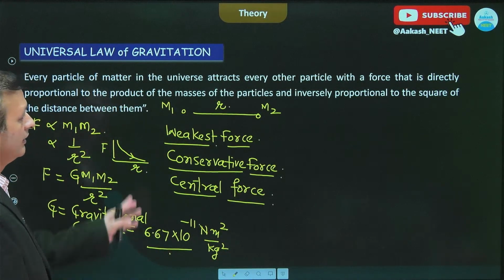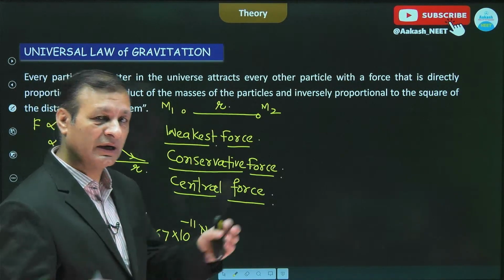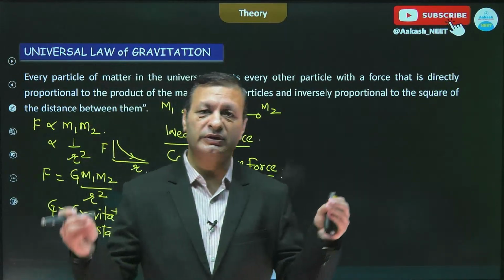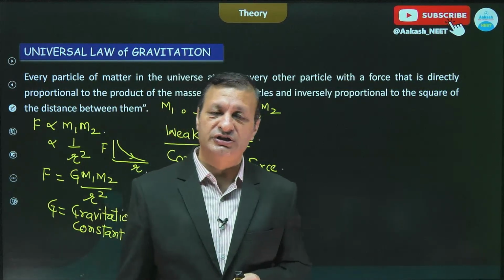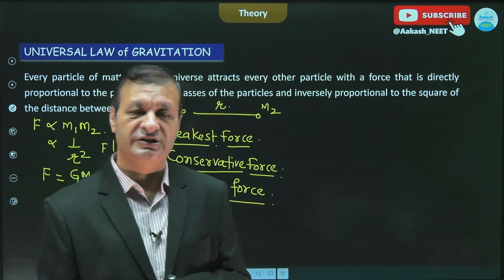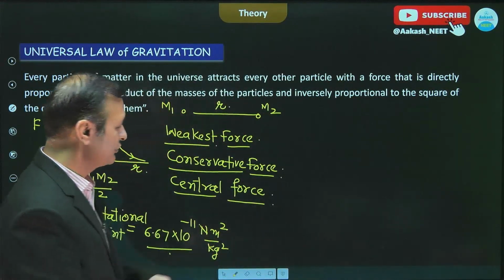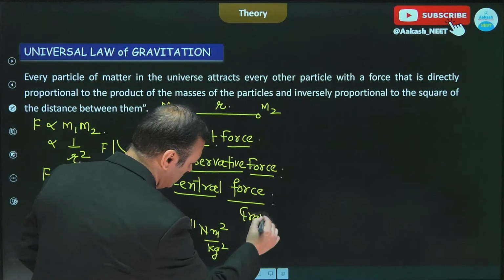And then there is one interactive particle between these two masses. It is proposed that whenever these two particles are interacting, they are exchanging some energy, some hypothetical particle, and that exchange particle for this gravitational force is basically your graviton.